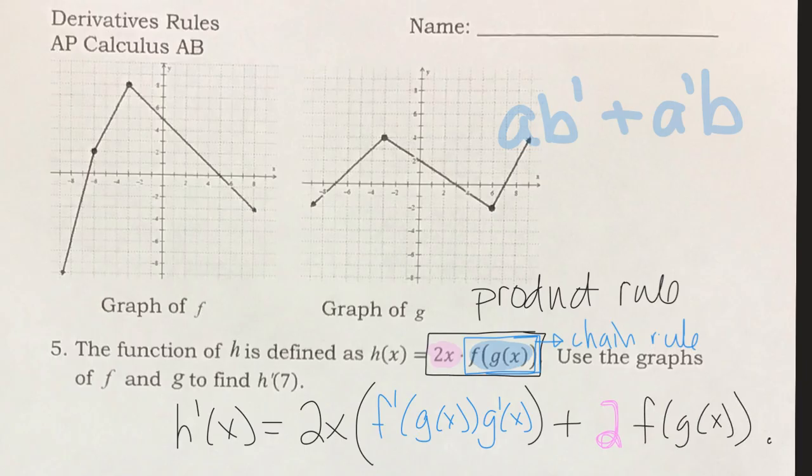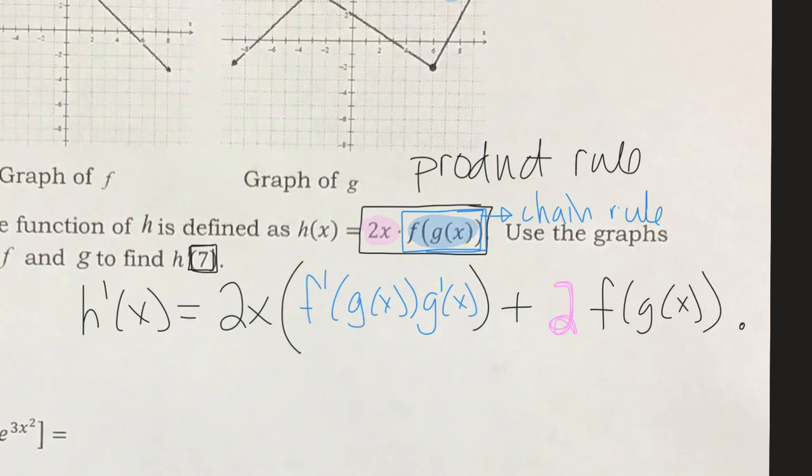So there's the calculus. We have taken the derivative correctly using the product rule. But within that, for one of our functions, we had to take the derivative using the chain rule. But this is a product rule derivative. So now let's replace x with 7. Everywhere I see an x, I'm going to put a 7. Okay, now let's evaluate as much as we can.